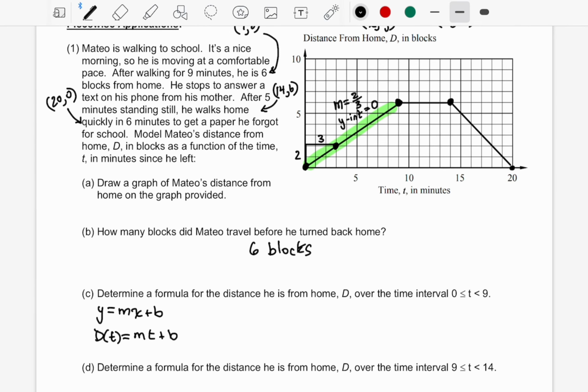So normally I would say y equals 2/3 x plus 0. I'm going to say here instead, d of t is equal to 2/3 times t plus 0. You don't have to write the plus 0. But this is not true in all cases. It's only true if t is between 0 and 9.